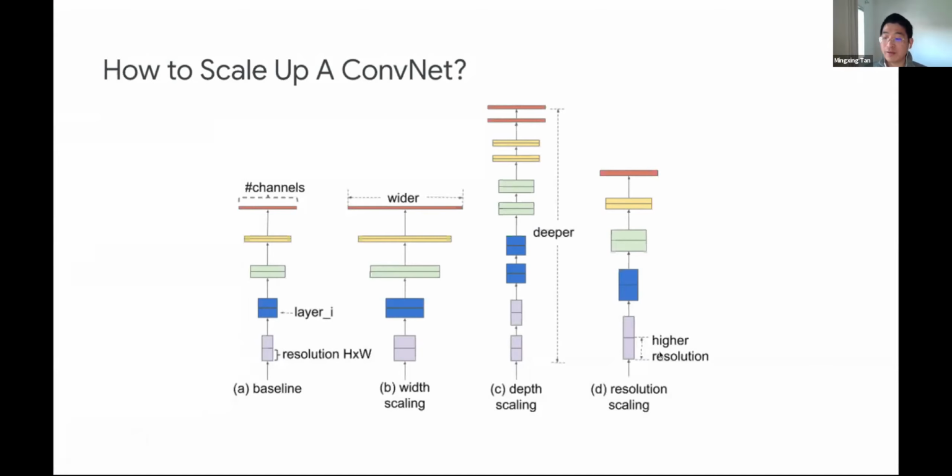And the third way is you can also increase the image size to make the resolution higher. And usually, most of the previous networks take one of them. For example, with MobileNet, mostly we use the depth multiplier to scale the width. And ResNet usually scales up the model by adding more layers to make it deeper.